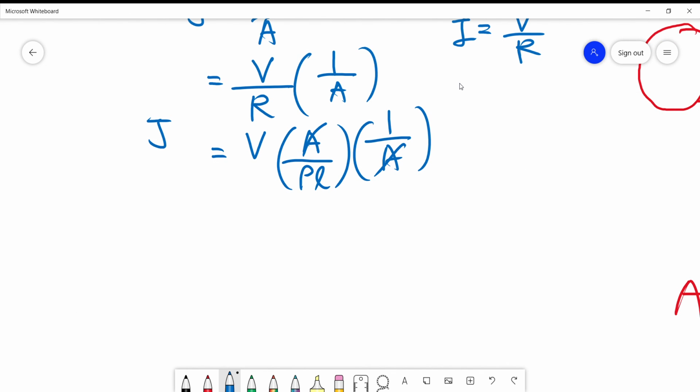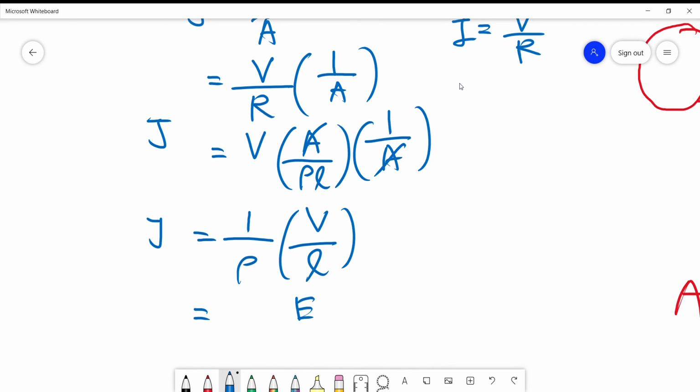Alright, so what I get here is the remaining variables: 1 over rho, and V over L. We know that V over L is the electric field, so this is E, and this is 1 over rho.